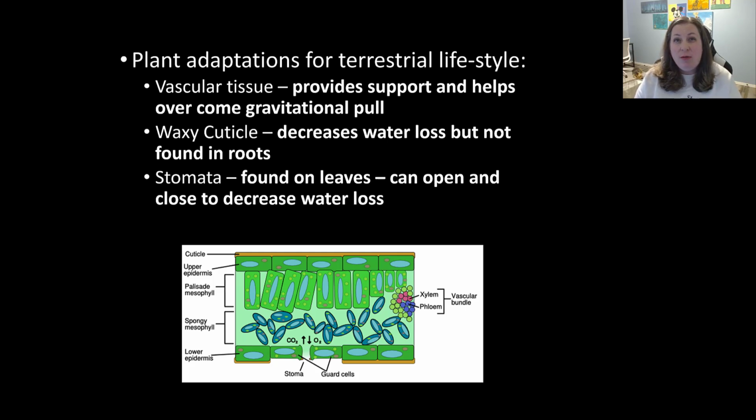On the other hand, when they do close these, they cannot get access to carbon dioxide as easily. So it's kind of like a catch-22. We don't want to lose water because water is required for photosynthesis, but we also need CO2, which is also required. So they've got to play this balancing game in order to make sure that they gain access. And some plants have some special accommodations for that. And like I said, we will discuss those further later.